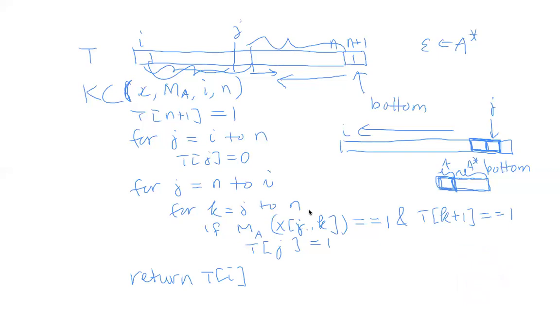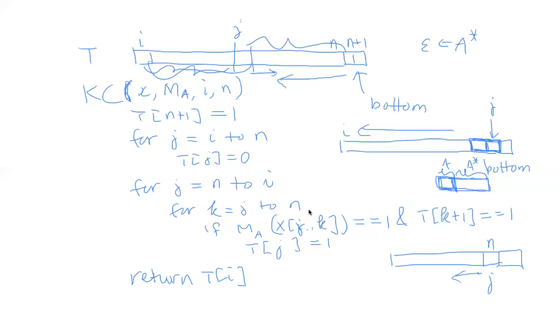And the idea, once again, the bottom-up starts from n because that's the end of the recurrence. So we start from the bottom. So j starts from n, moves all the way down.